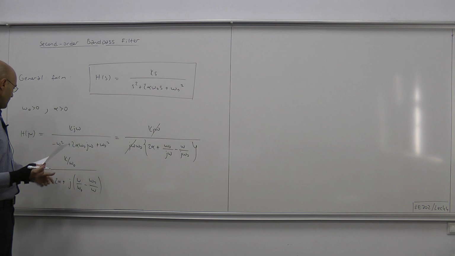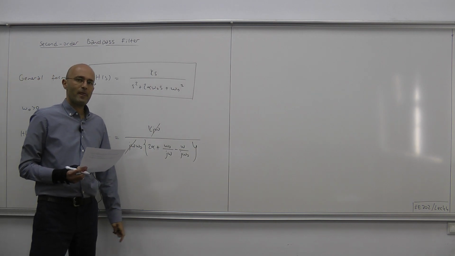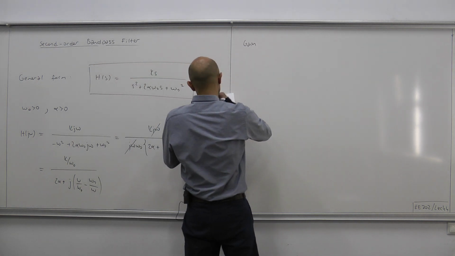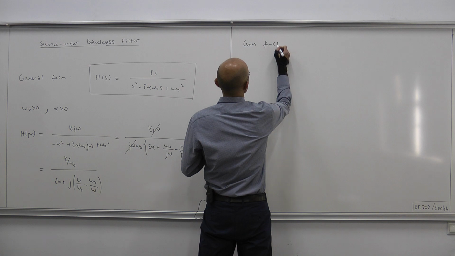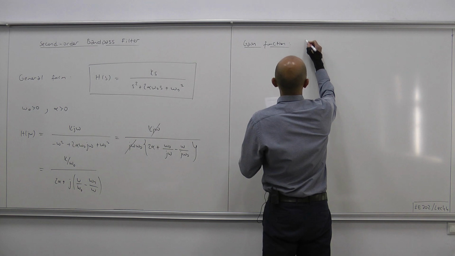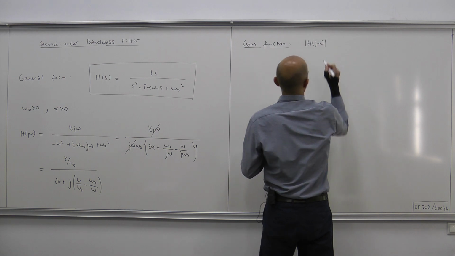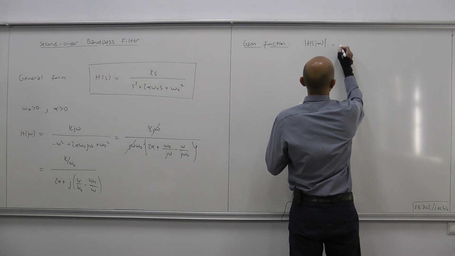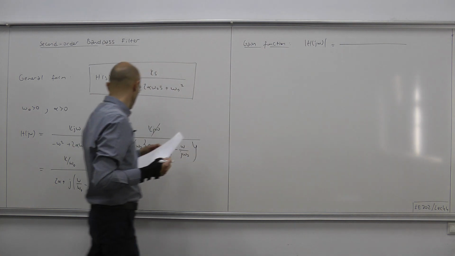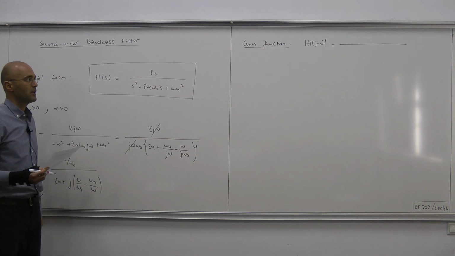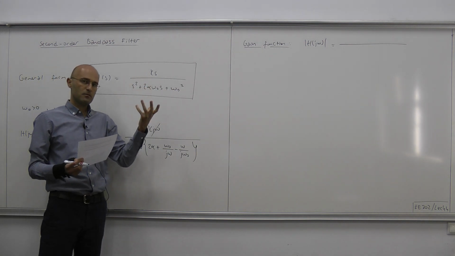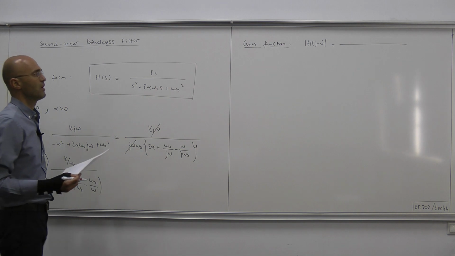Okay, now starting from this, let's talk about gain and phase characteristics. We begin with the gain function. Okay, the magnitude of H(j omega) equals the magnitude of the numerator divided by the magnitude of the denominator. Note that we didn't make any assumptions on the sign of k, so it's a real number, but it could be either positive or negative.